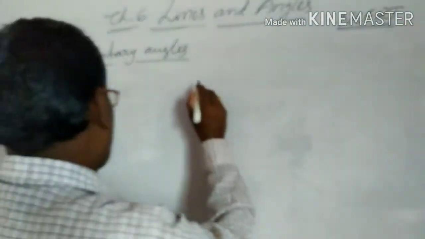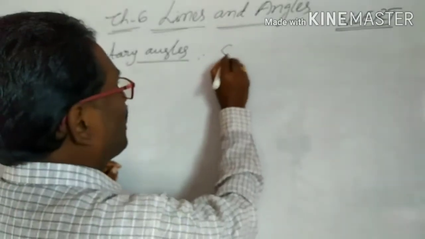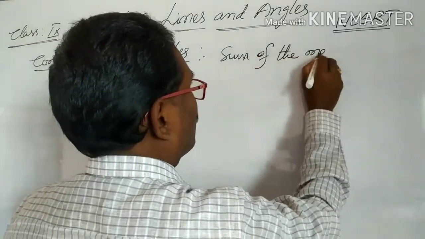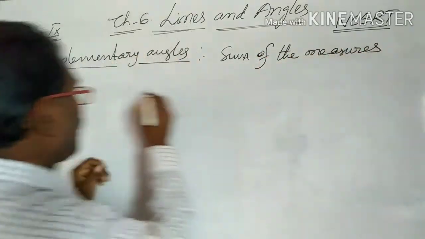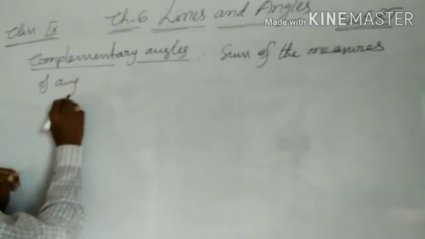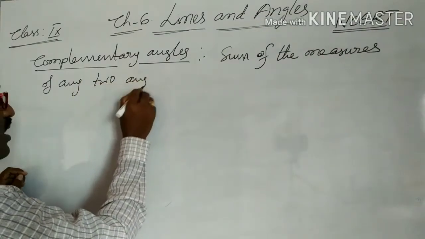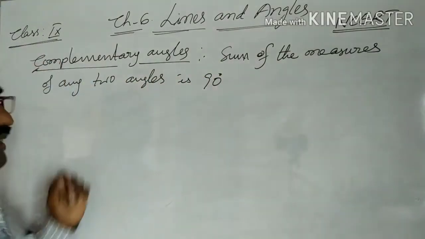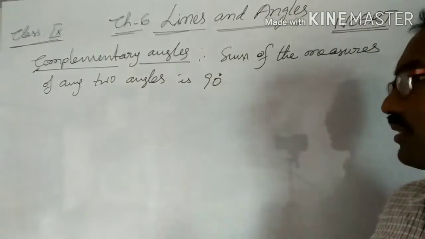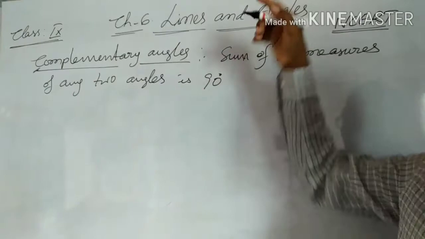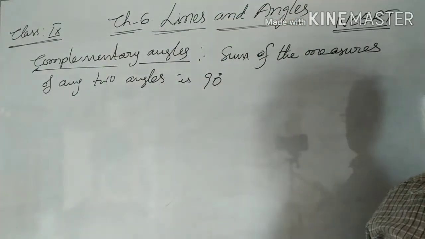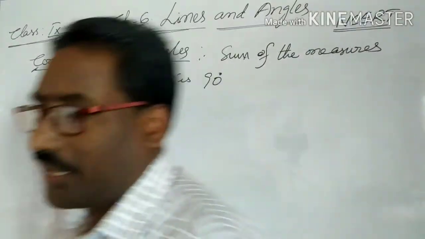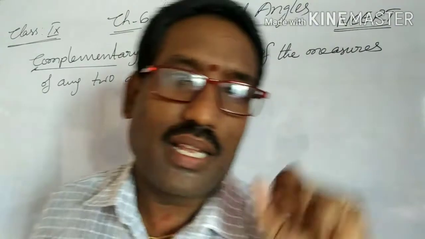That is called complementary angles. C means 90 degrees. Before, we discussed only one angle. One angle of 90 degrees is a right angle. But here the sum of two angles is equal to 90 degrees. That is a complementary angle.